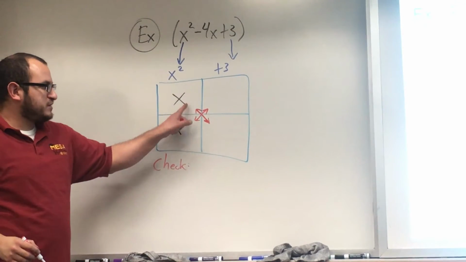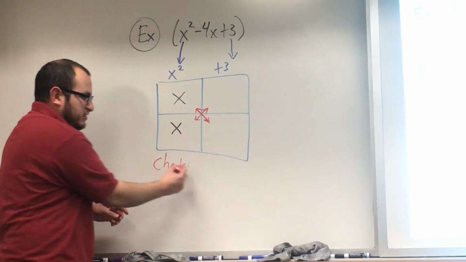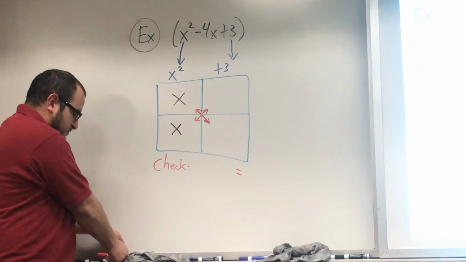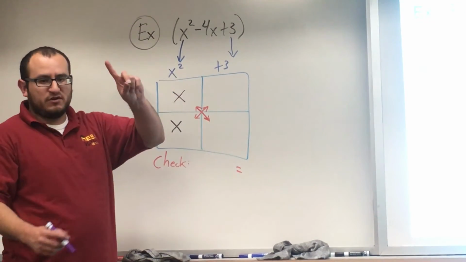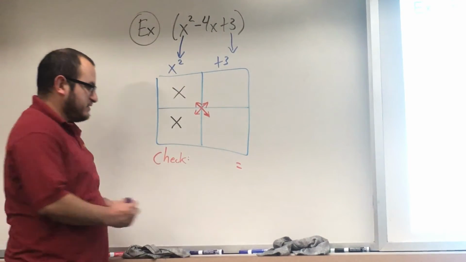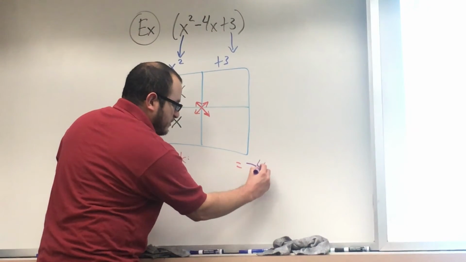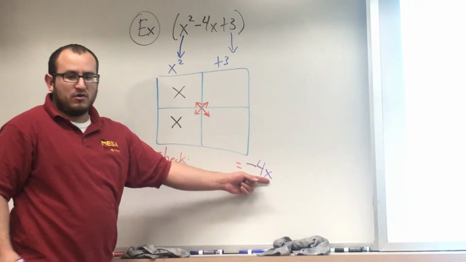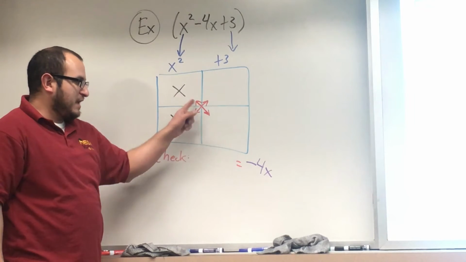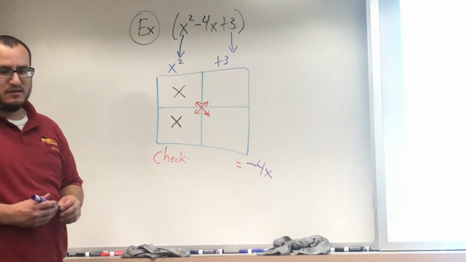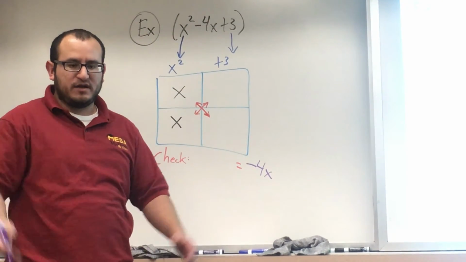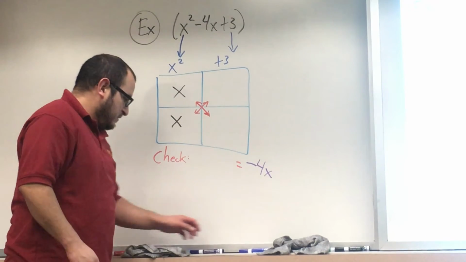Follow the colors. We cross multiply these boxes to get our check. What are we checking? Well, if you notice, we haven't used one term. We haven't used the negative 4x. So negative 4x is what we're trying to get. So this is our goal. Whatever we plug in here has to give us negative 4x. If it doesn't, then simply erase it and try again. Okay?